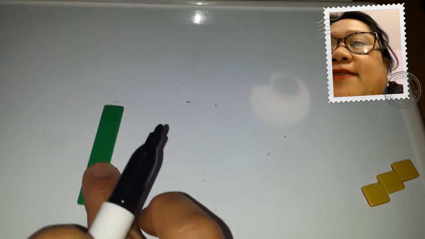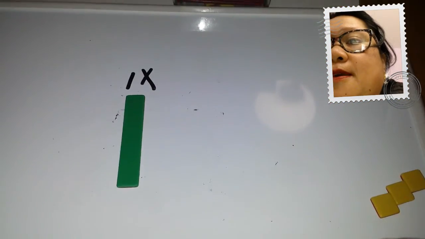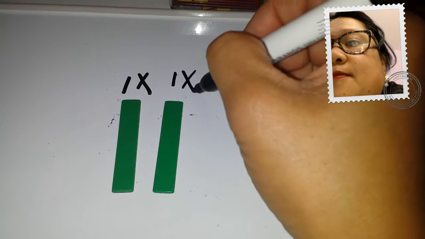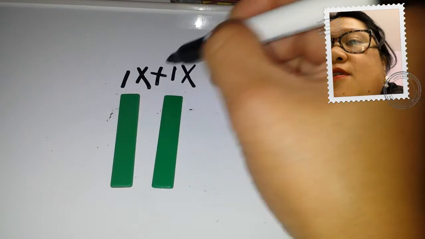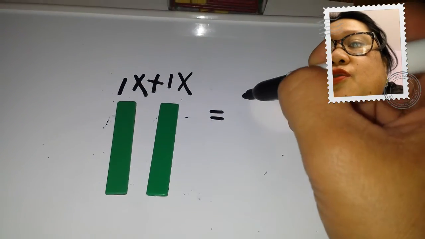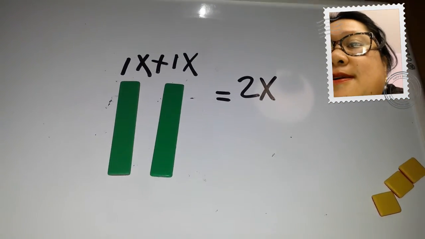Alright, so if I have this, which is 1x, we've already decided this, right? This is 1x. And then I have another green rectangle here, which is another 1x. And if I were to add this together, it would be 2x. Okay?